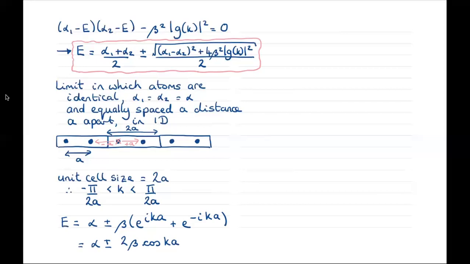So this quantity here, the e to the ika plus e to the minus ika, this is just our G of k for this 1D chain of equally spaced atoms.